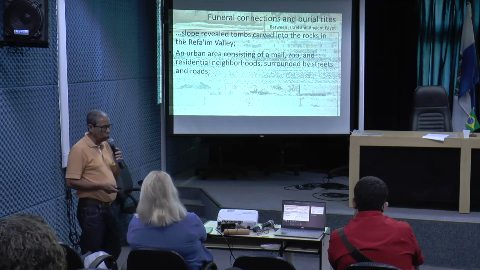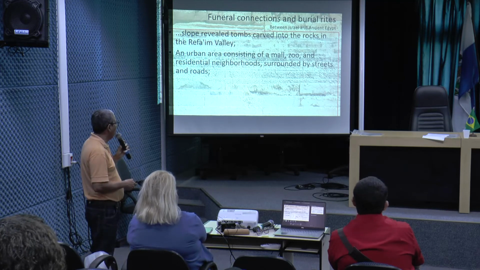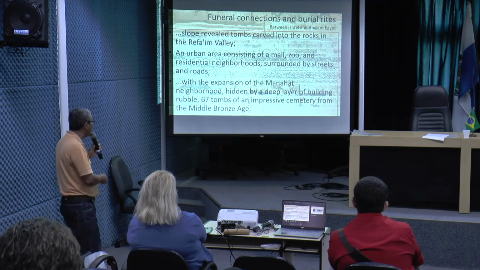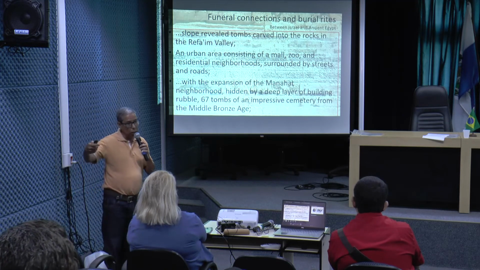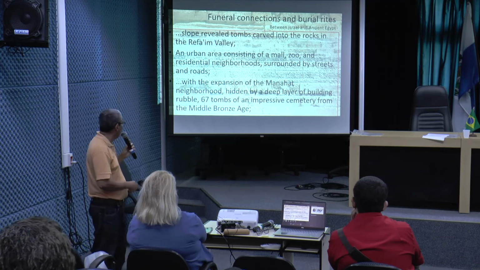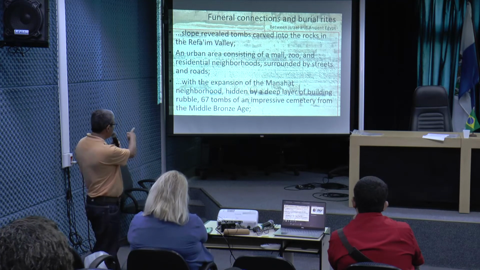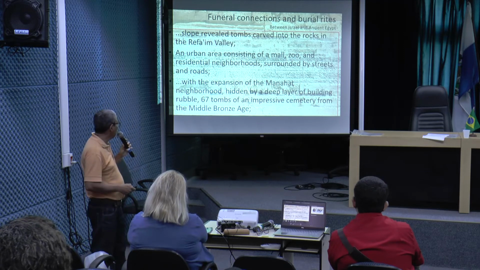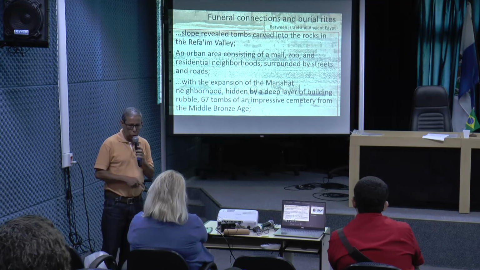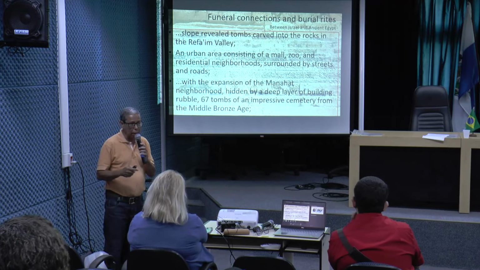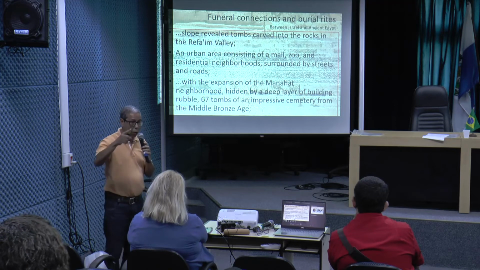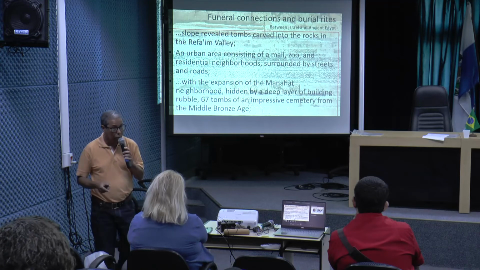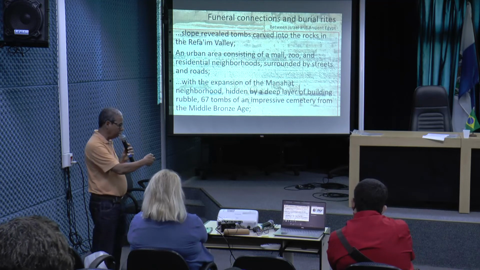As I told you, it consists of a small zoom and a residential neighborhood surrounded by streets and roads, and the expansion of Menaha town revealed 67 tombs of an impressive cemetery from the Middle Bronze Age. That's amazing. In this town, it's a rural area. The archaeologists found 67 tombs revealed in this area.